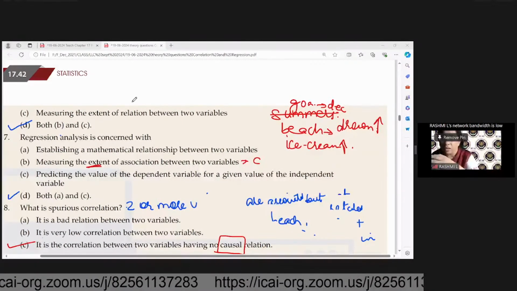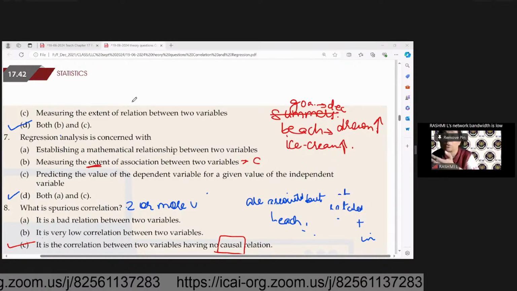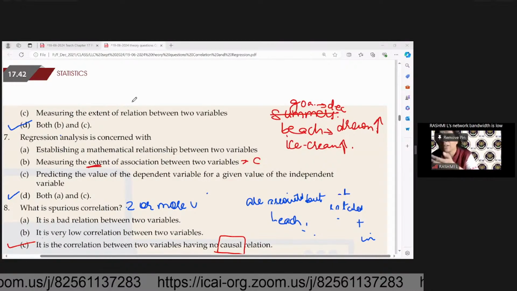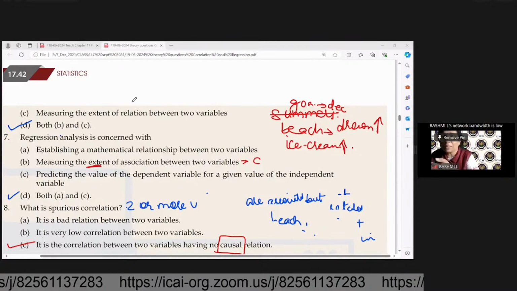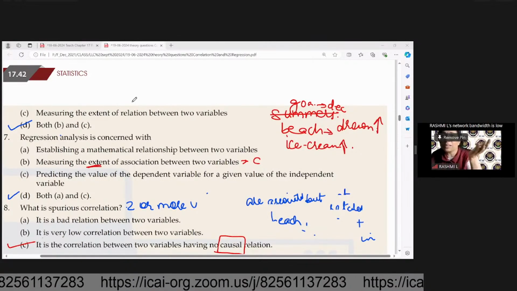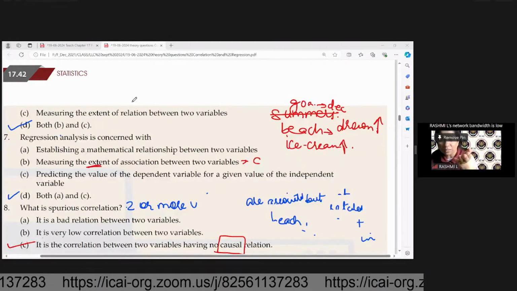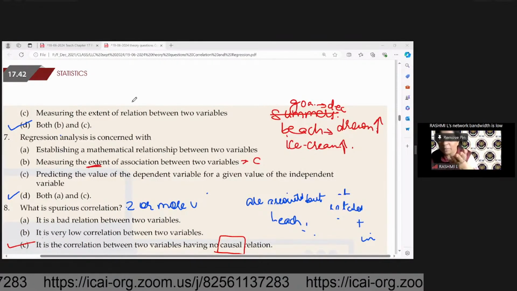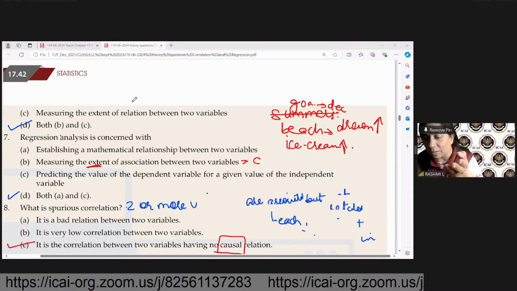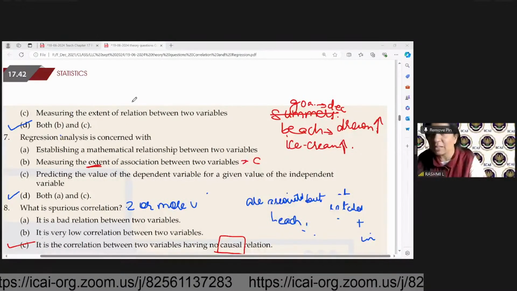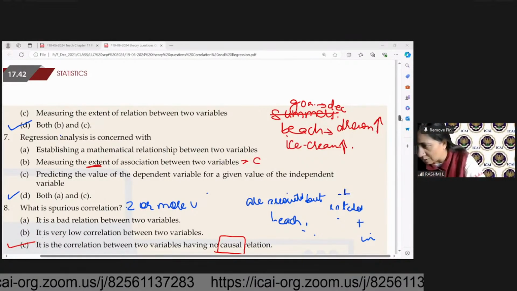There are a lot of drowning incidents also because people are not used to swimming in the sea and still they venture into the sea long distance. So does that mean because there is an increase in consumption of ice cream, there is an increase in drowning? Absolutely nothing, no? But it looks like that. So that is called a spurious correlation, where there is no relation as such, but it appears so. Because there is no causal relation.